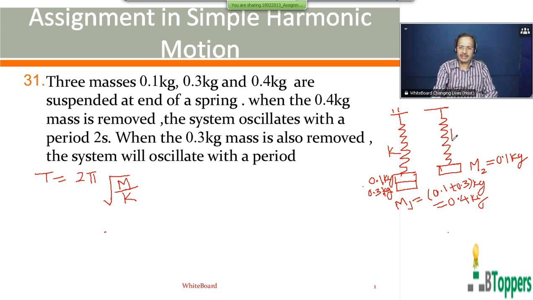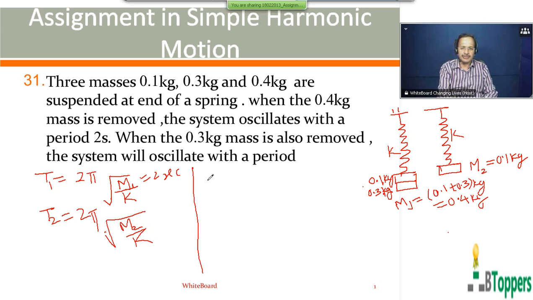But elastic force constant k is the same for the given spring. In the first case, the time period is given by t1 equal to 2 pi root of m1 by k, which is given to be 2 seconds. So the time period in the second case is given by t2 equal to 2 pi root of m2 by k. So if you divide t2 by t1, because elastic force constant k is constant for the given spring, that is the same in both cases, you get root of m2 by m1.